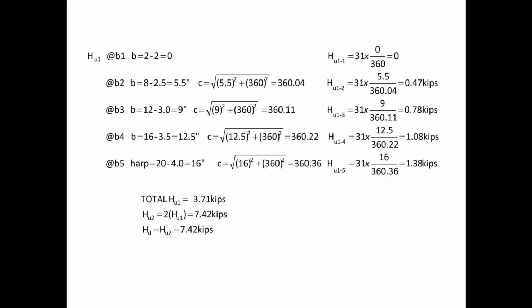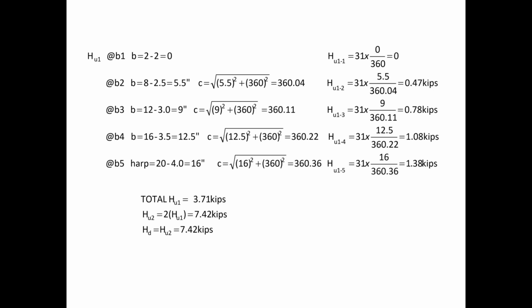All right, so let's calculate that hold up force. Strand one is not draped. The elevation at the end and at the hold down is the same, so there is no vertical force for hold up one due to strand one. All right, let's look at strand two. So for strand two, B is 5.5 inches.